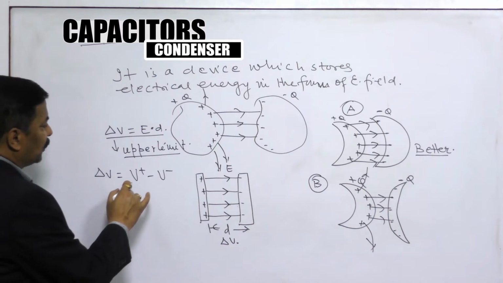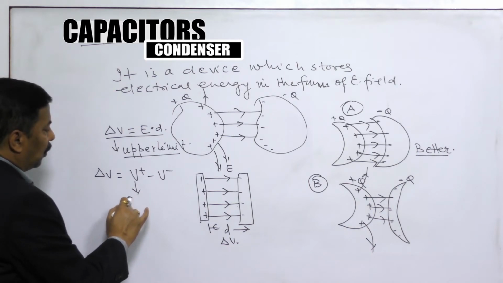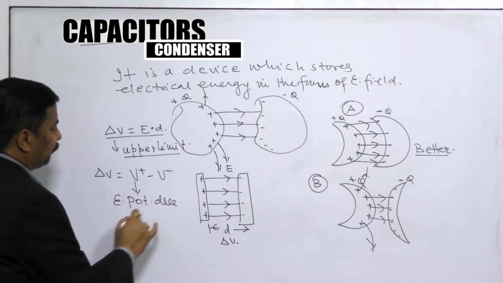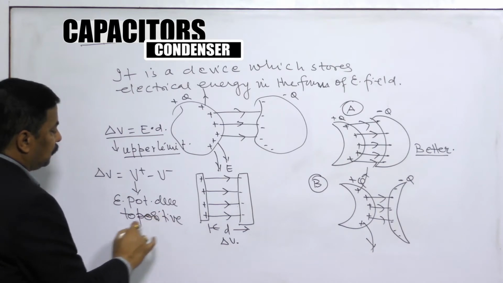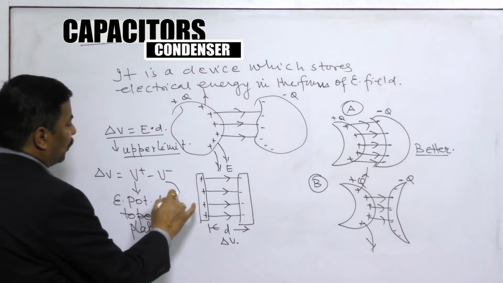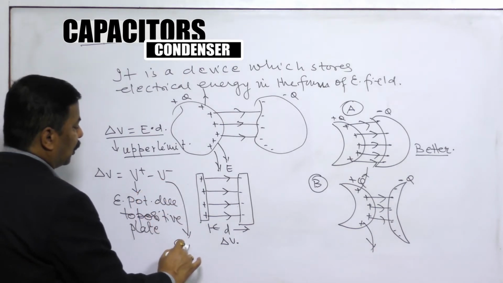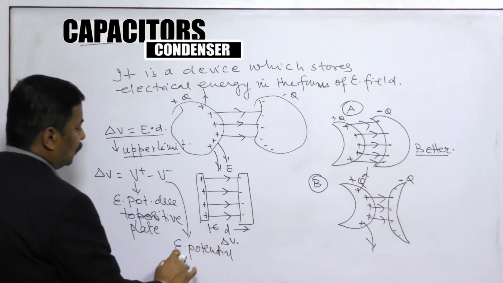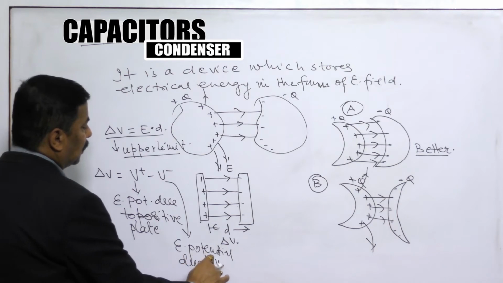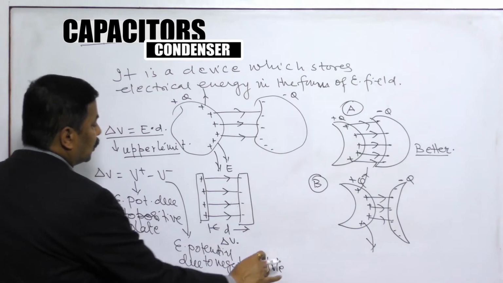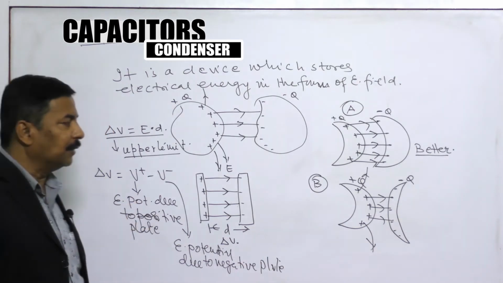This is electric potential due to positive plate, and this is electric potential due to negative plate. So this is your potential difference.